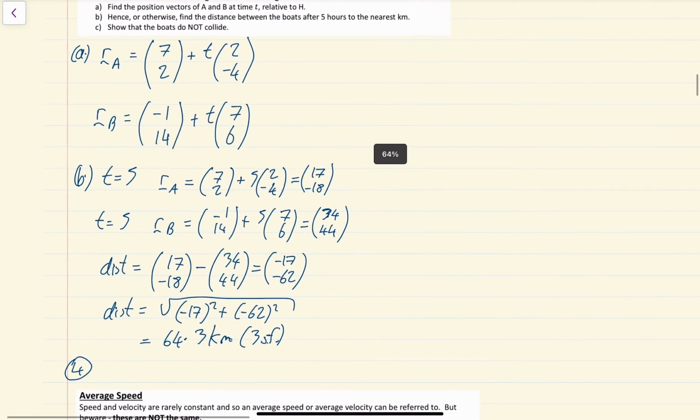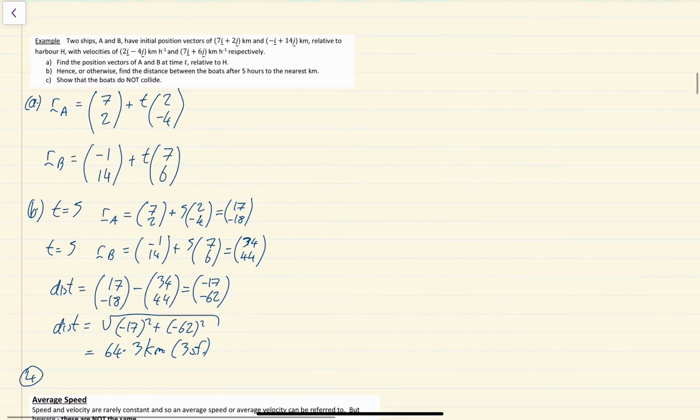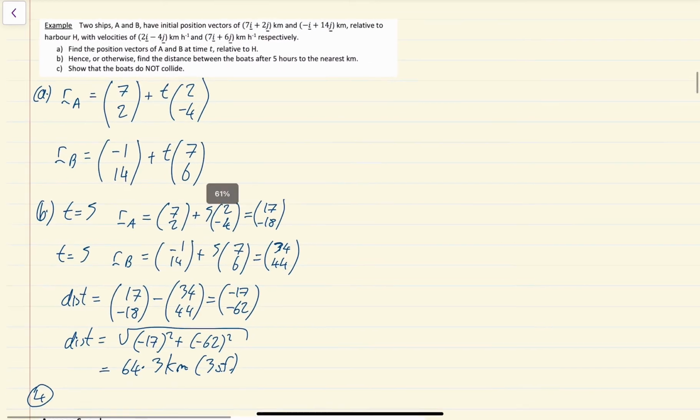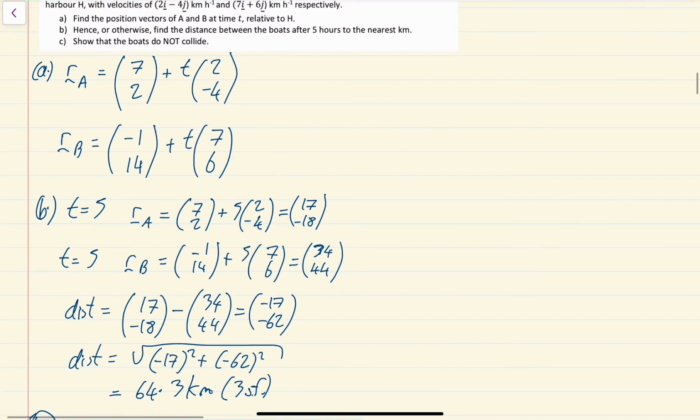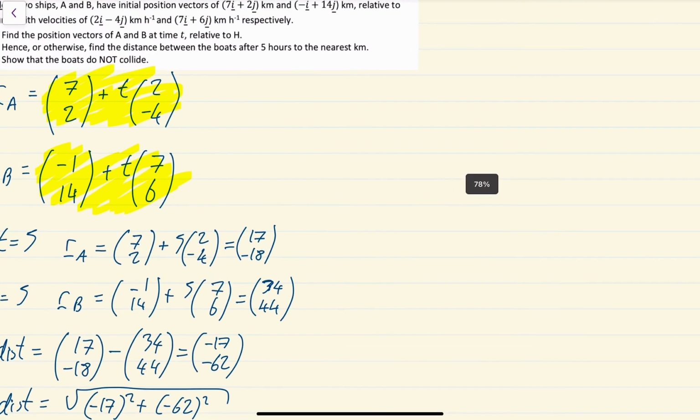Okay, right. Last bit says, show that the boats do not collide. Now you do these questions the same way. It could have said, show that the boats collide and find the time at which they collide. Your starting point is the same. What we're going to do is put my position vector of A equal to my position vector of B, and try to find a value of t.